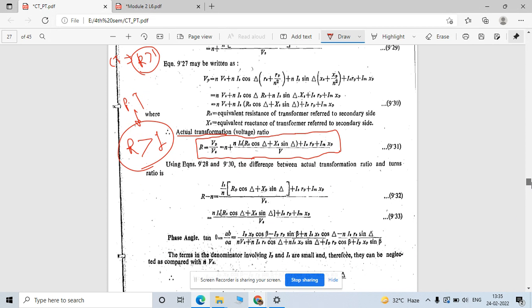Okay, now एंड जो उसमें टर्न्स रेशियो जो मैंने लिखा था ना वो सही था. ठीक है, सो यू कैन रेफर दैट. For PT, what do you mean by turns ratio?